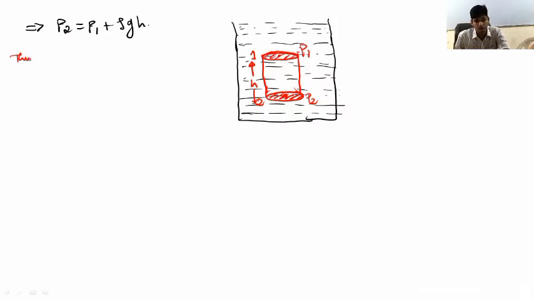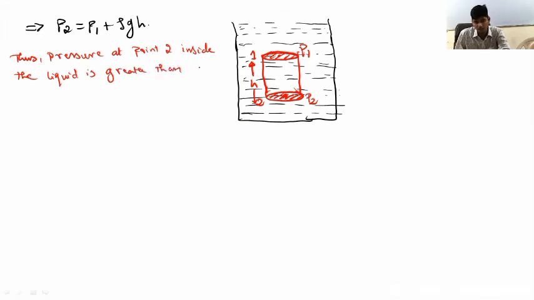Thus, pressure at point 2 inside the liquid is greater than pressure at point 1.